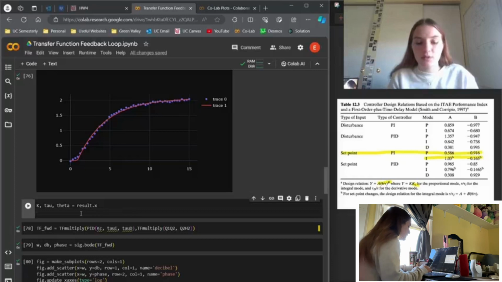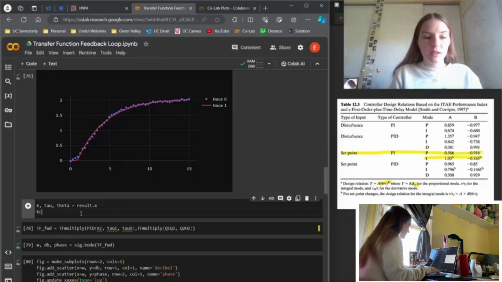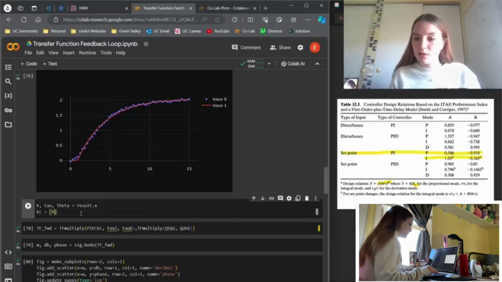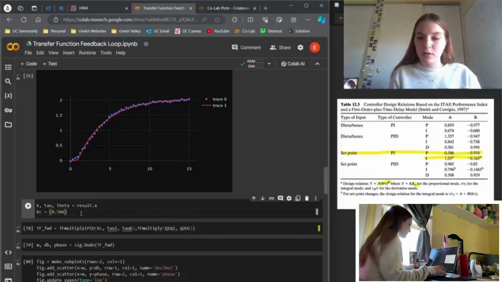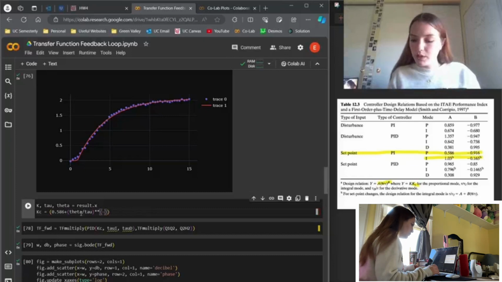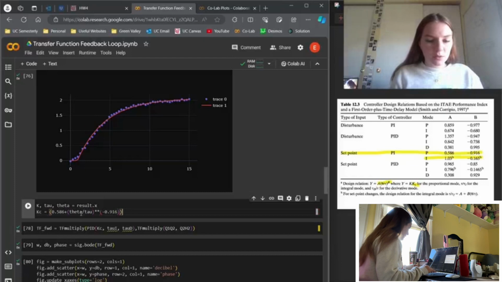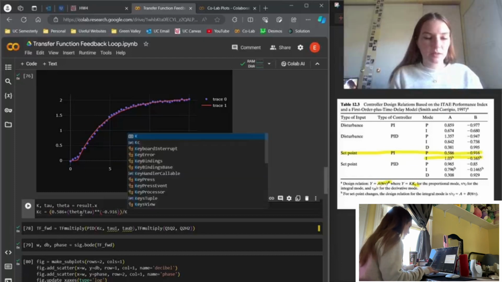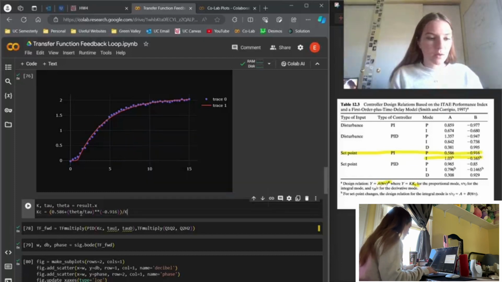So we can plug this in. So we can say that our Kc is equal to, so we have a, which is 0.586 plus, and then we have our theta divided by our tau, and then this is to the power of our b, which is negative 0.916, and then we need to divide this whole thing by k to find our Kc.